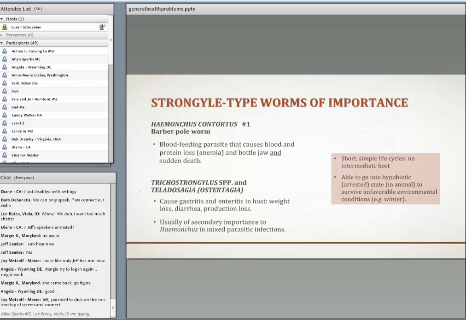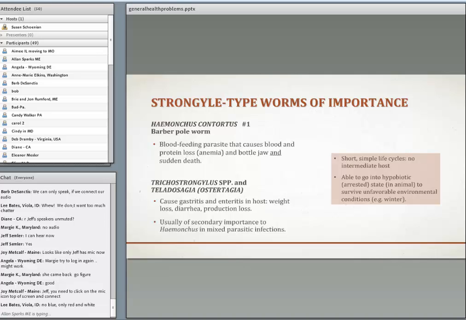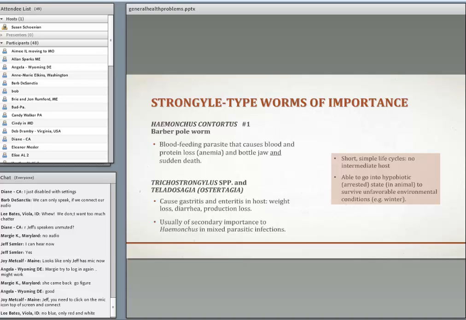It goes into the abomasum, which is the true stomach. What it causes in the host animal is blood and protein loss, or anemia, bottle jaw, which is an accumulation of fluid under the jaw, and sometimes just sudden death.